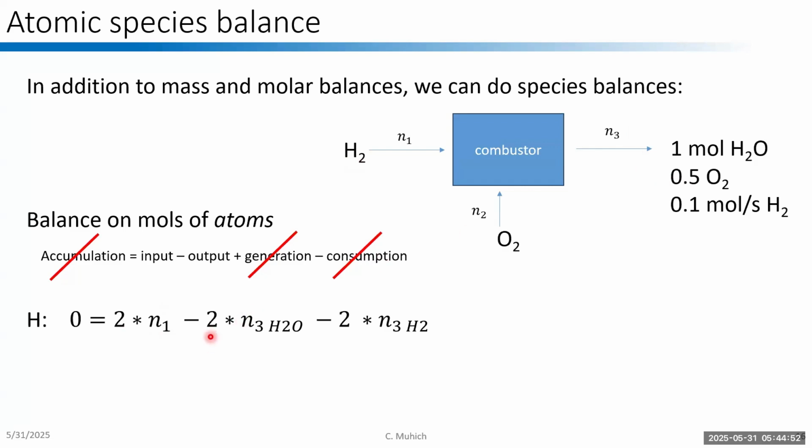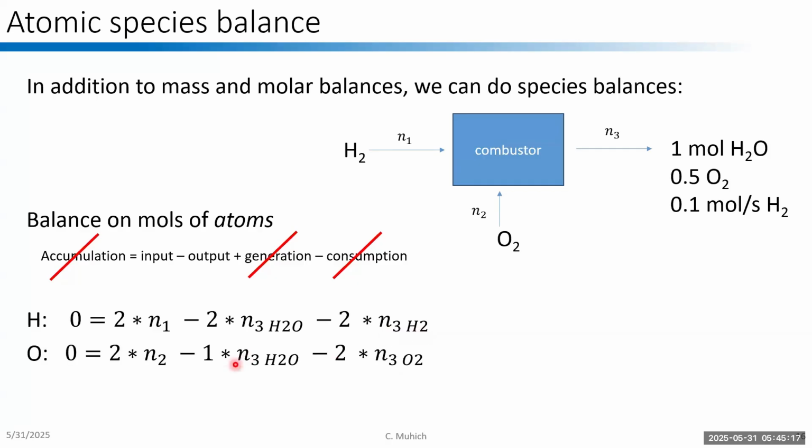What's coming out? We have 1 mole of water. In each mole of water, there's 2 moles of hydrogen, so we have minus 2 times N3. And then we also have some H2 that's coming out. So once again, 2 times N3H2.